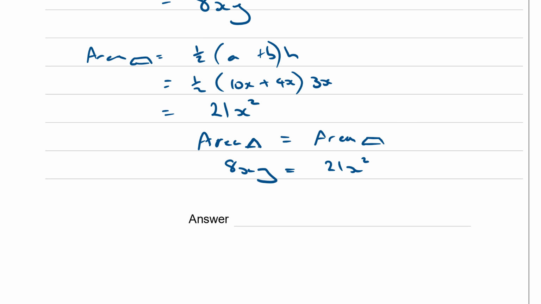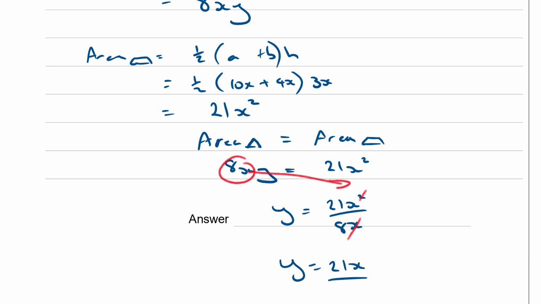So cross multiplying the 8x part over here, then we get y equals 21x squared over 8x. So cancelling that x with that x squared, and can I cancel down top and bottom? Nope. 8 and 21 don't have any common factors, so I'm just going to leave it like that. So y equals 21x over 8.